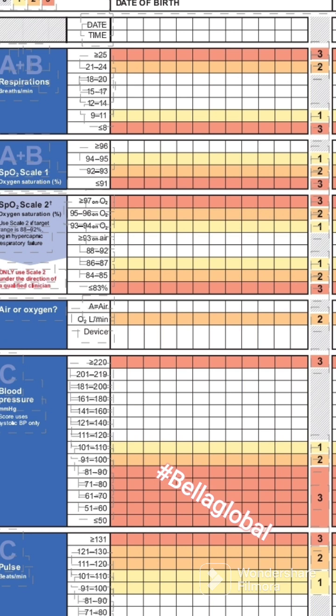Right? So the same thing, if a patient is hypovolemic or something, the blood pressure may be 94/55. Now it means the systolic is 94. So if the systolic is 94, it means it falls in the orange zone between 91 to 100, and the score will be a 2.